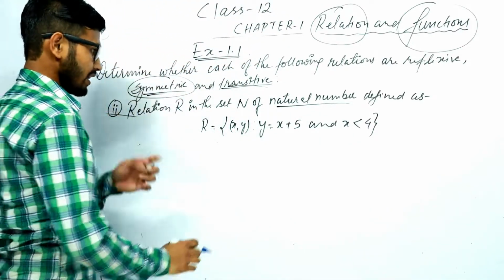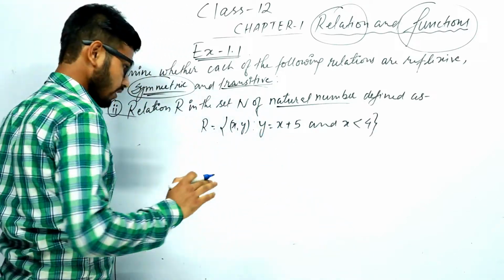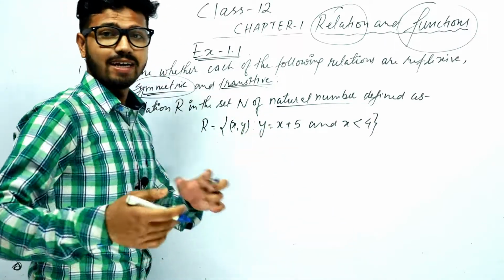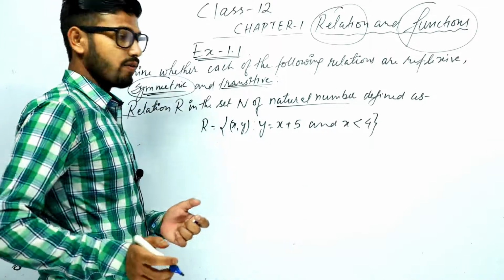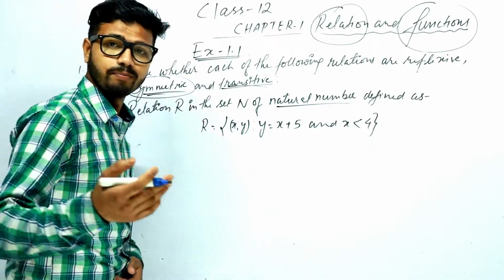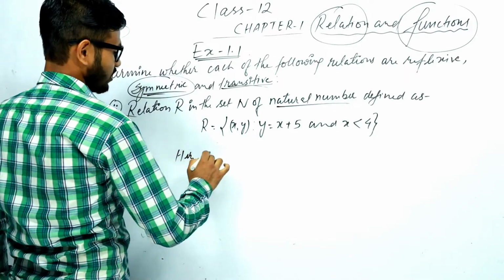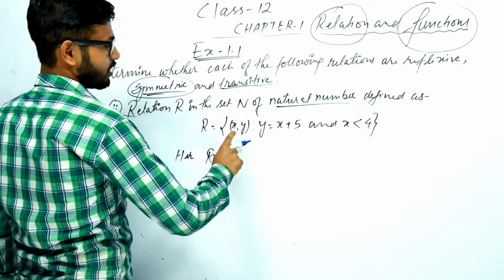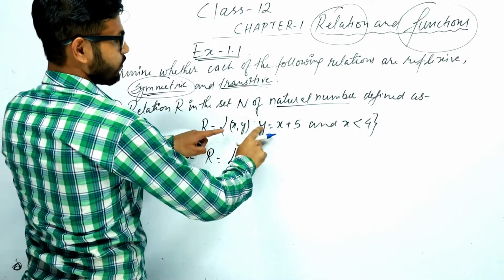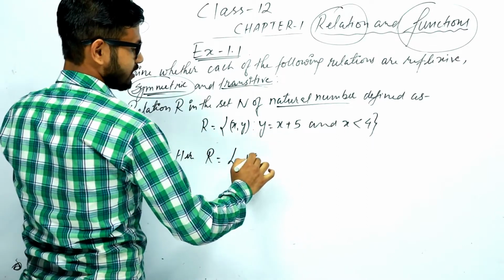So here let me put the respective values of x and y and see the ordered pairs. What are the possible elements present in the relation? If you put x as 1, you get y as 6, so 1 comma 6.